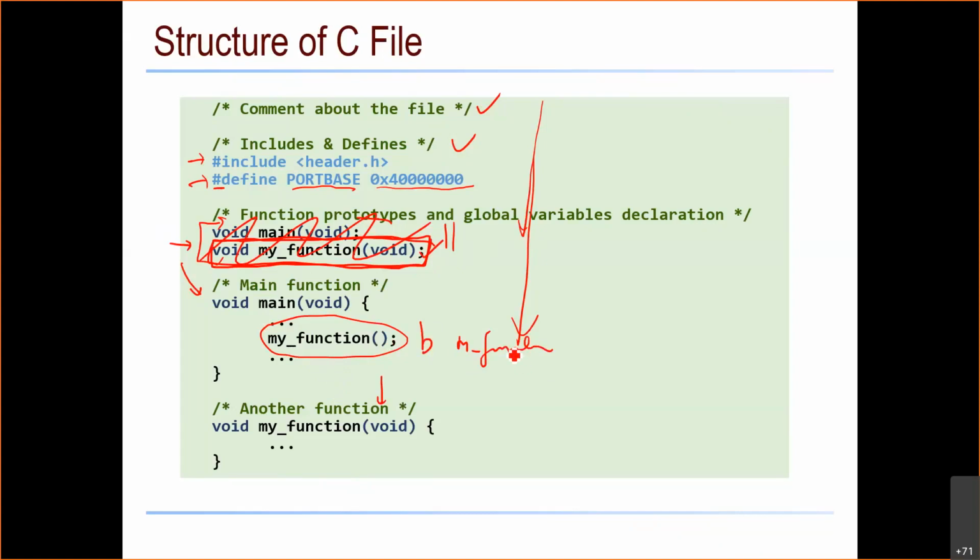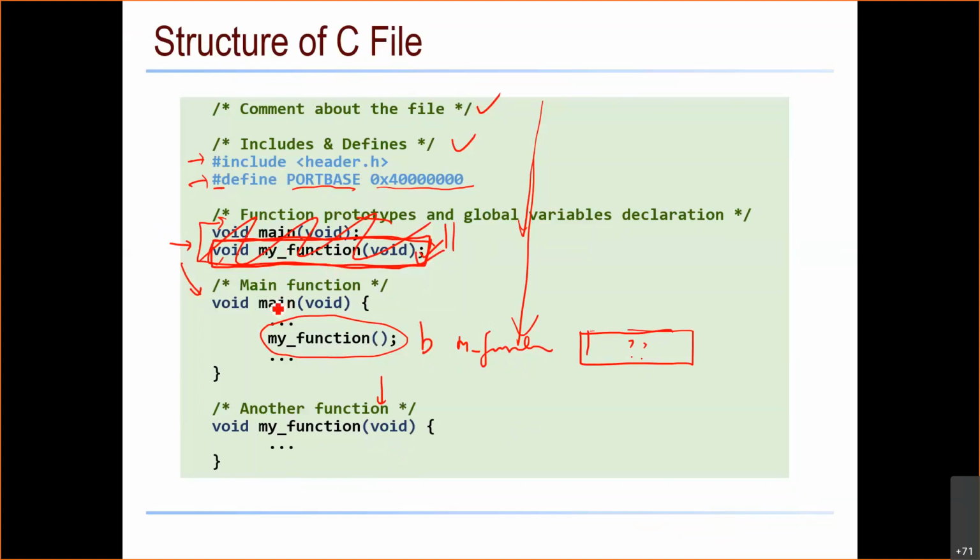What is the address of my function? Don't worry, I will resolve this later when I reach my function. So the compiler can put a placeholder, and fill in the address later when I reach the point where I know the address of the function. But I know it's a function because I've seen the definition first. So the function prototype is for that.